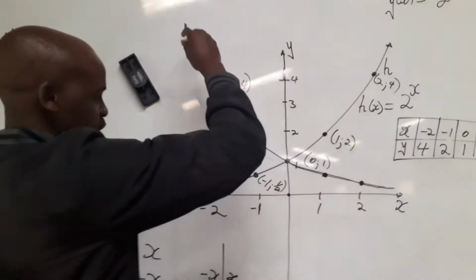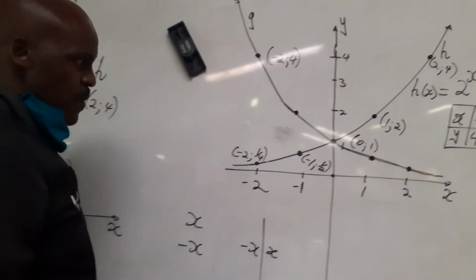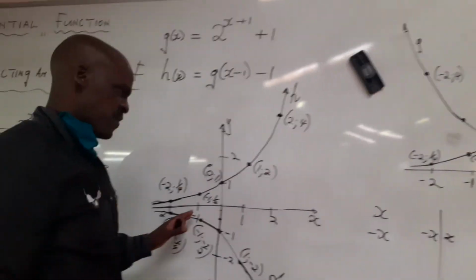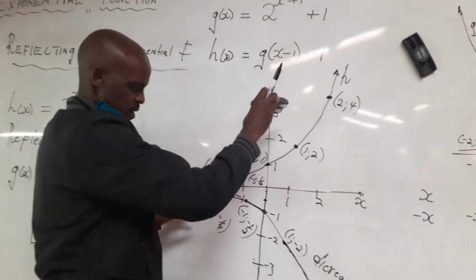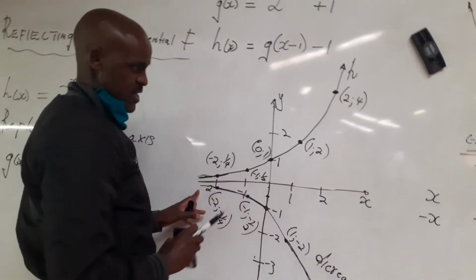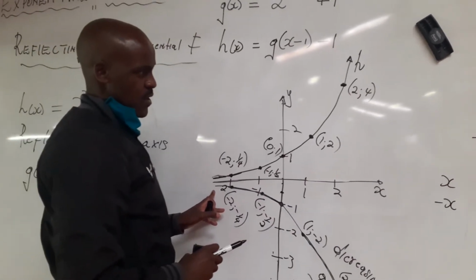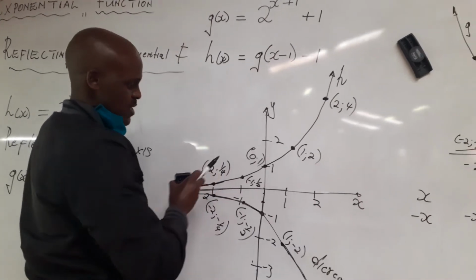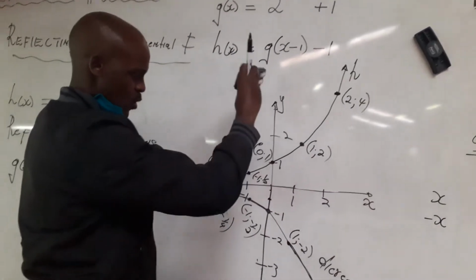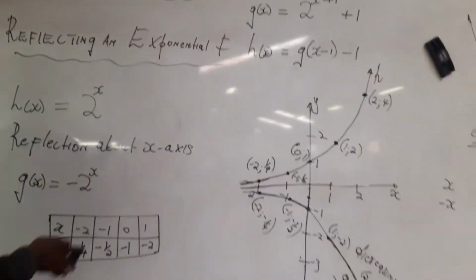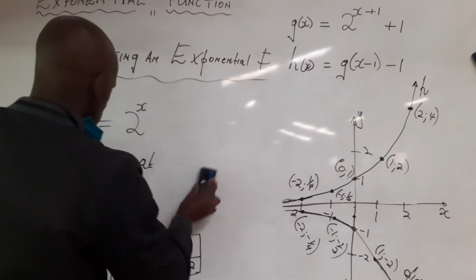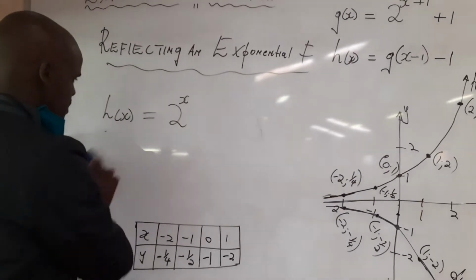The graph of g is now decreasing. Which means after reflection, if the graph was increasing, it will be a decreasing function. Whether it was reflected about the x-axis or the y-axis, it will change from increasing to decreasing, or from decreasing to increasing.